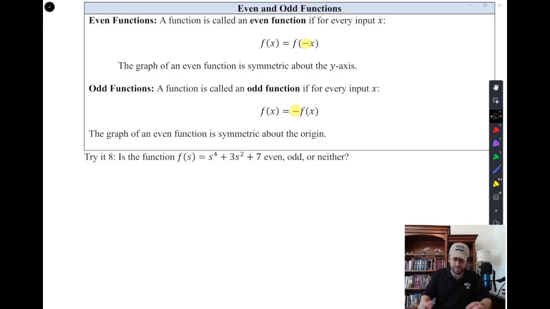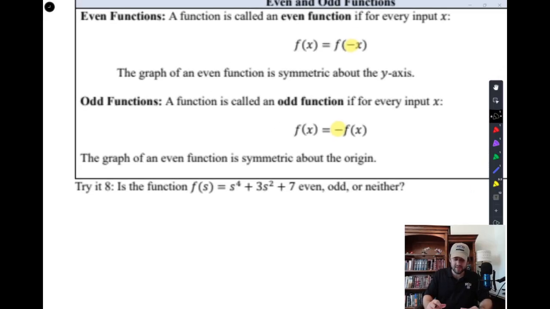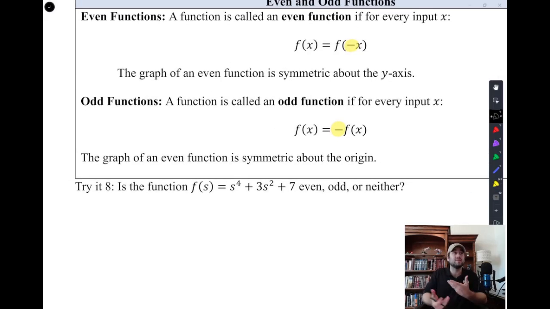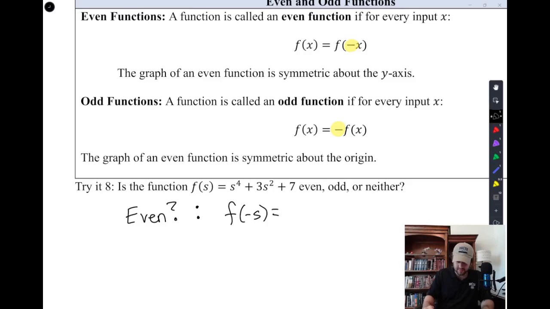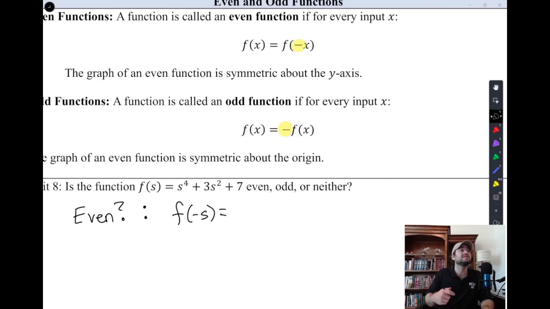And so, for example, this function right here, we're going to try both of them and just see what's true. So first I'm going to put it on the inside to check for even. So here's my check for even. And I'm going to say, what is f of negative s? And f of negative s just means I plug in negative s everywhere I saw s before.